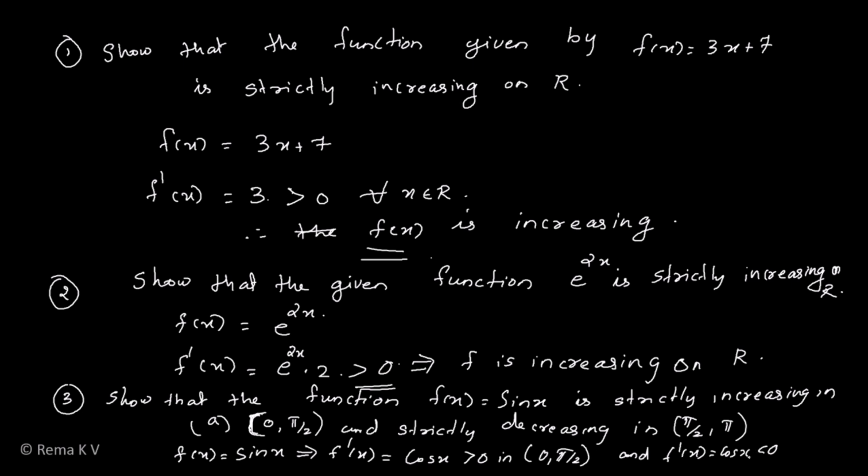So it is less than 0 in (pi by 2, pi). Therefore, f dash x is greater than 0 in (0, pi by 2), so it is strictly increasing in the open interval, and f dash x is less than 0 implies it is strictly decreasing in the open interval (pi by 2, pi).